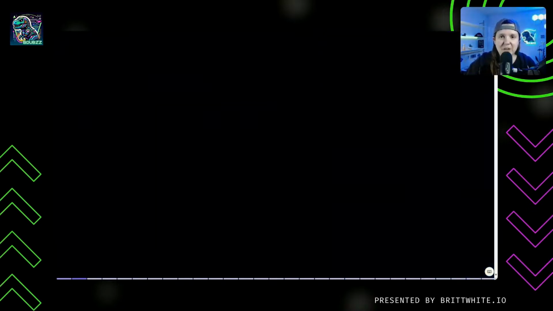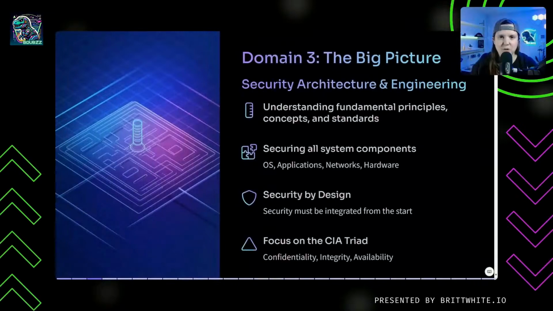So let's start with the big picture, the why behind Domain 3. What is this all about? Well, it's about understanding the fundamental principles, the concepts, the structures, and the standards that we use to design, implement, monitor, and most importantly, secure all kinds of systems. We're talking about everything: operating systems, applications, networks, and even the physical hardware itself.